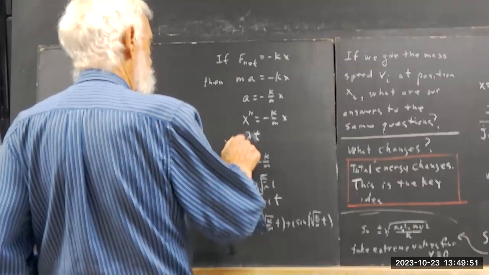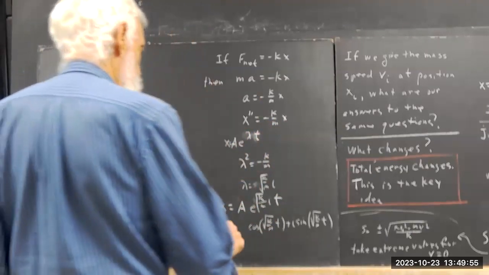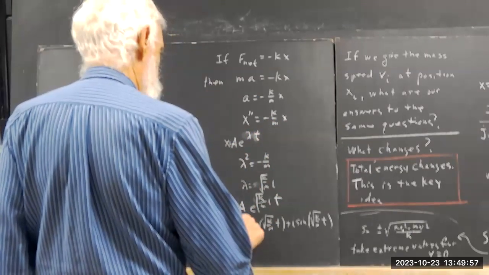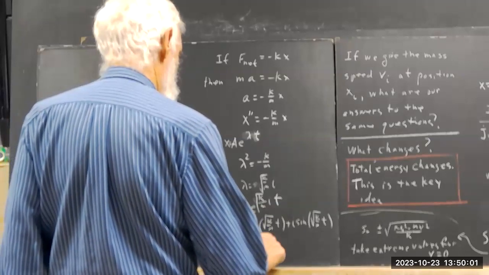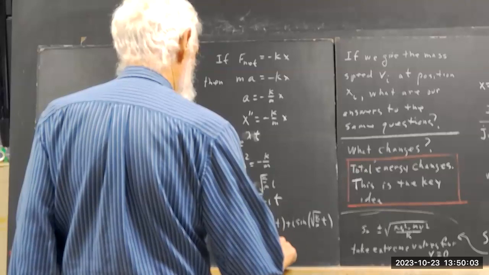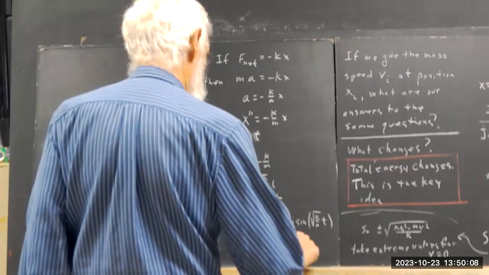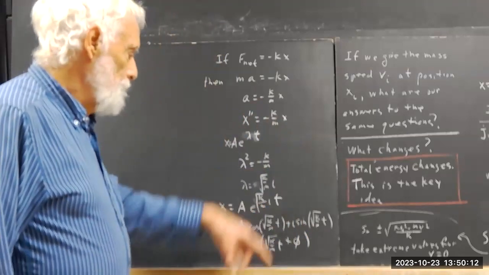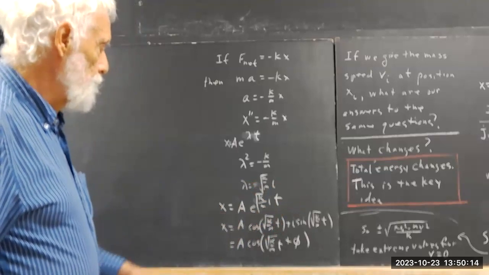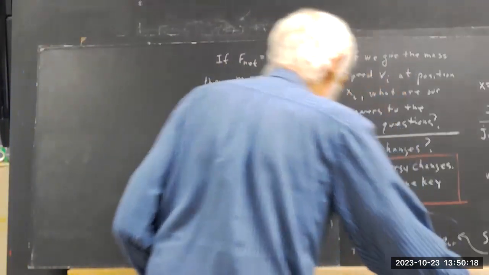You could let x equal A e to the lambda t and fill in the blanks. And you can combine these terms with arbitrary constants.